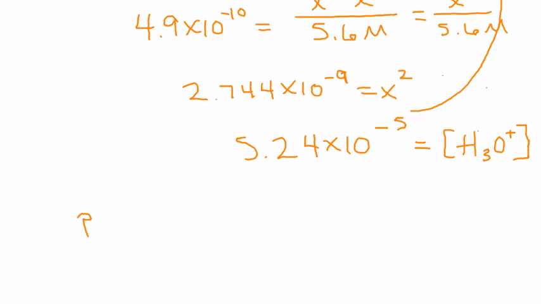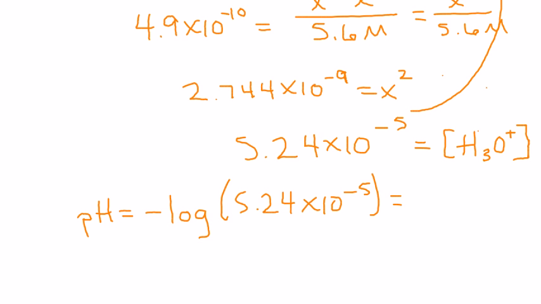Remember again that pH equals minus the log of the concentration of the hydronium ion, or in this case 5.24 times 10 to the minus 5th. So when we take minus the log of that answer, we get 4.28 equals our pH. So that should be your answer for number 3, is 4.28 equals the pH.